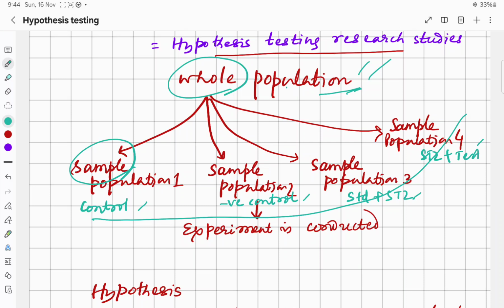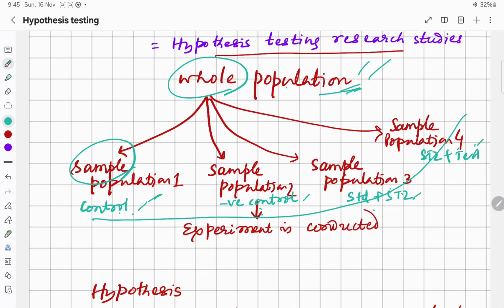And the other hypothesis called as alternate hypothesis, which is just opposite of the null hypothesis, where we say there is a difference between the whole population and the sample population. So we can say there is a difference between the control and negative control, control and standard, control and test, test and standard, negative control and standard, negative control and test.